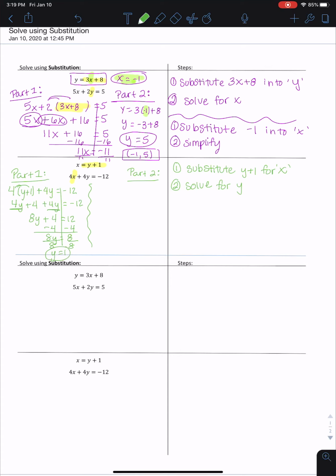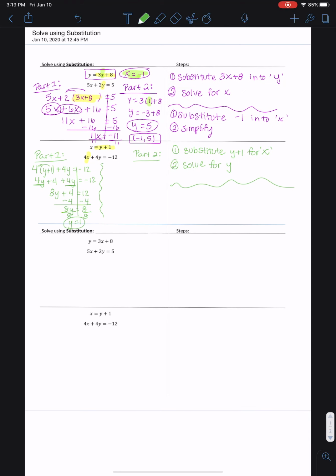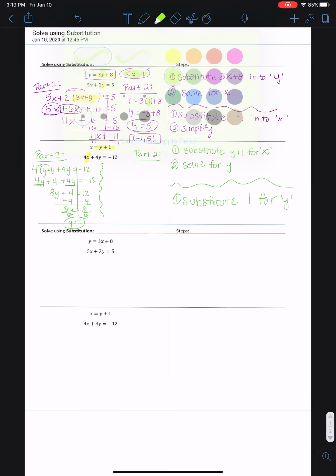Okay, now I'm going to take that answer and I'm going to substitute it back into the first equation. So part 2, we're going to substitute 1 for y. So I'm going to take this answer I got, y equals 1, and I'm going to put it here in place of y.